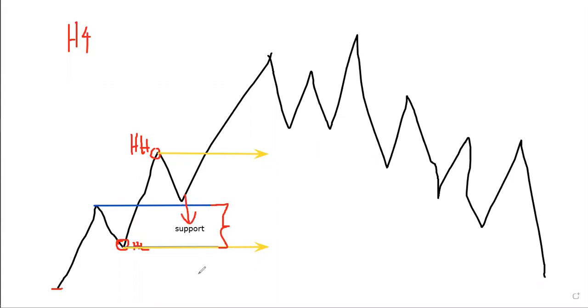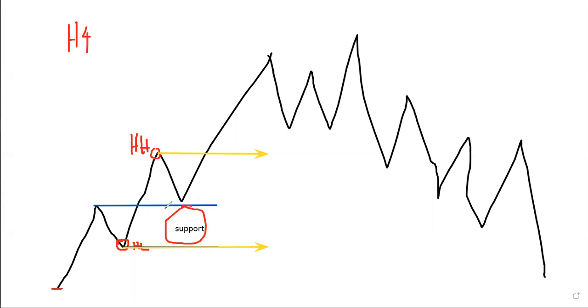In most cases, about 80 to 90% of the time, it will most definitely come back into this area and give you maybe a double bottom, or a bullish engulfing candle, or a head and shoulders, or a moving average crossover, or an RSI divergence, whatever it is that you're going to look for in terms of your confirmation. But generally, it would most likely come back into this area.